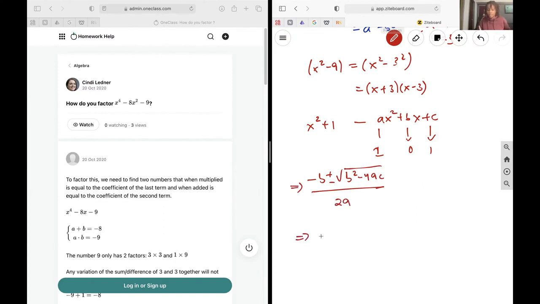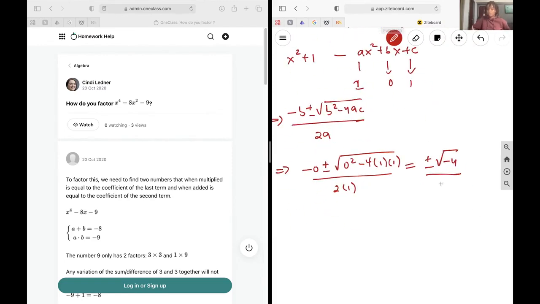This is going to give me negative 0 plus or minus the square root of 0 squared. So the fact that there is no b is what is making it complex valued, and then the c is positive. So it's going to leave minus 4 by 1 by 1 all over 2 by 1. So this is the 0, it's going to leave the plus or minus the square root of negative 4. So complex valued, I'm taking the square root of a negative number, all over 2.